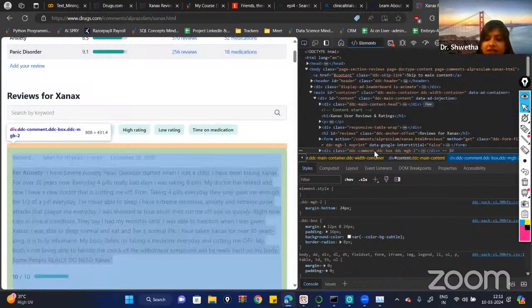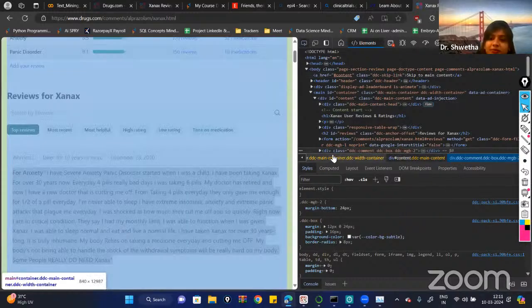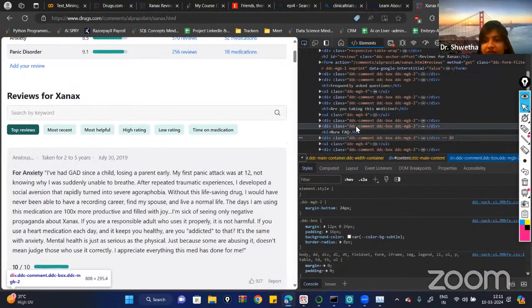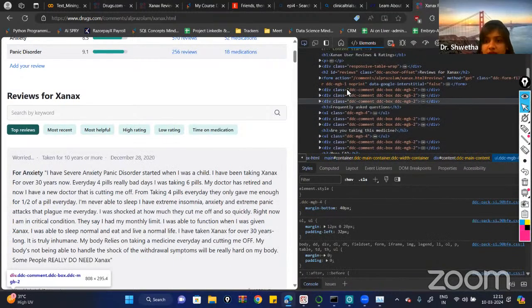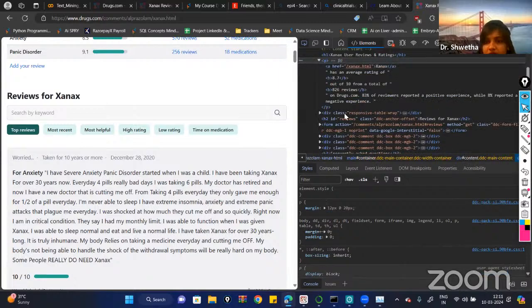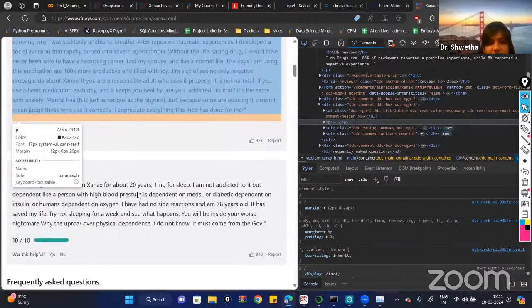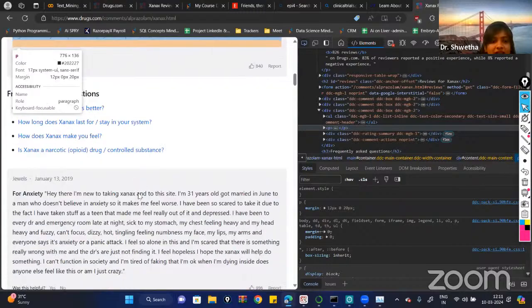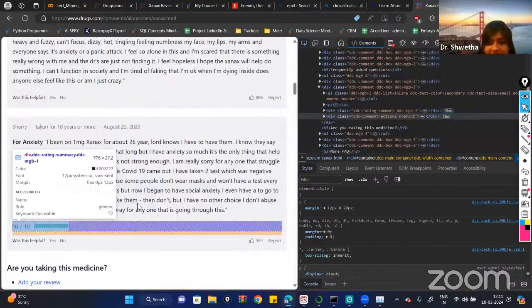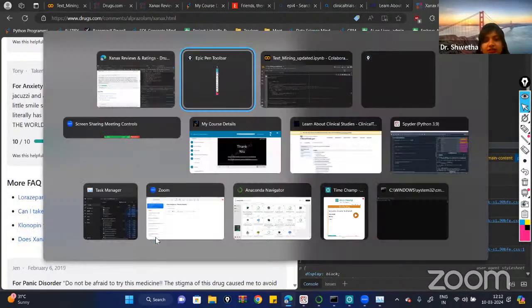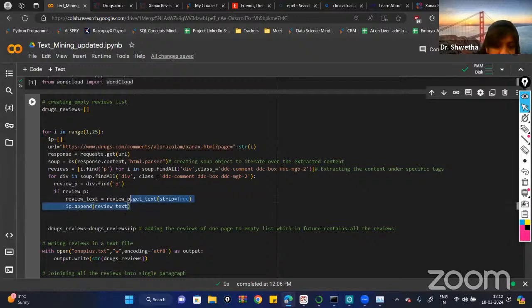This highlighted part is where your reviews are stored. So you have to mention the class where it is stored and under which heading. All this you will have to mention. Once you mention that, it will understand from where it has to extract the data, and this data will be extracted and stored in the form of a list.